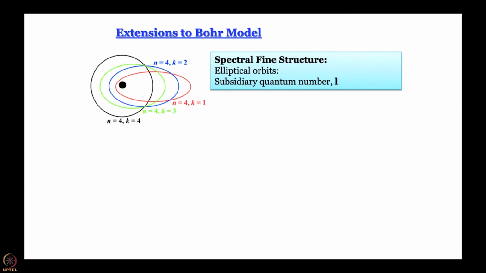Now we all know about S, P, D and F. Well, the letters came for historical reasons, from spectroscopic observations. S means sharp, D means diffuse and so on and so forth. So those names were assigned to some of the small k values. So this is how the subsidiary or secondary or azimuthal quantum number came.